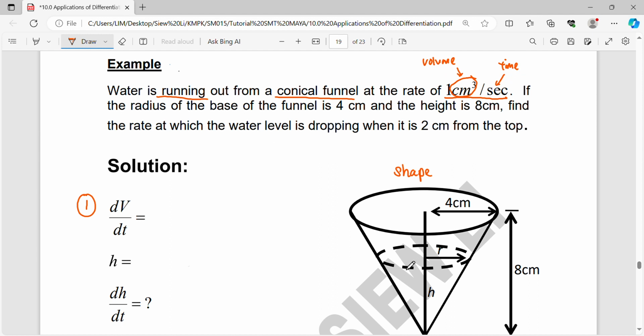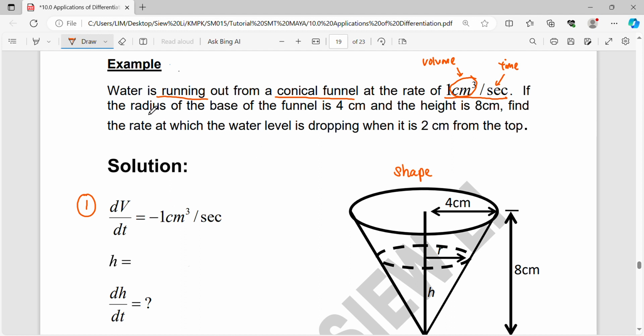So when the water is running out, the volume of this water is decreasing, getting lesser and lesser. So our rate of change will be negative. So here we have negative 1 cm cube per second. The first information comes out from the first sentence and we identify the shape.